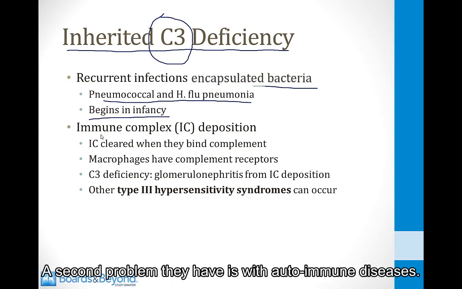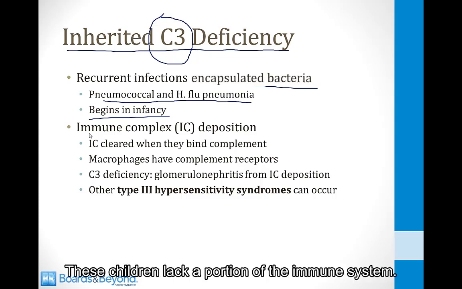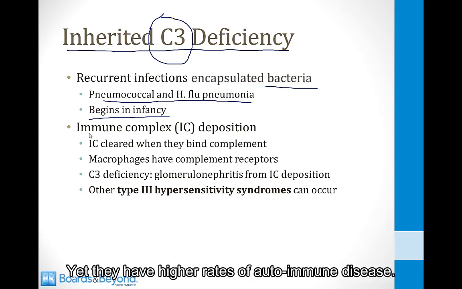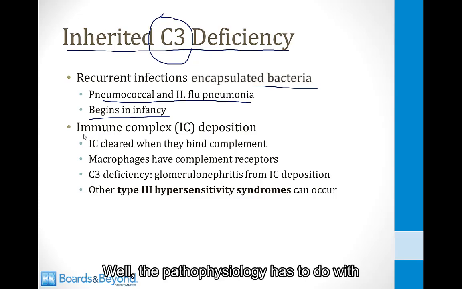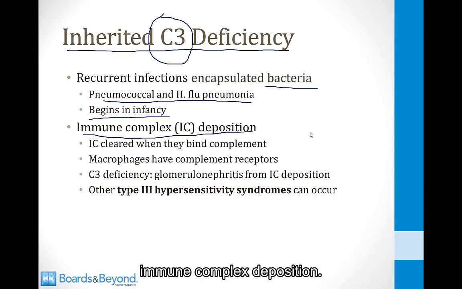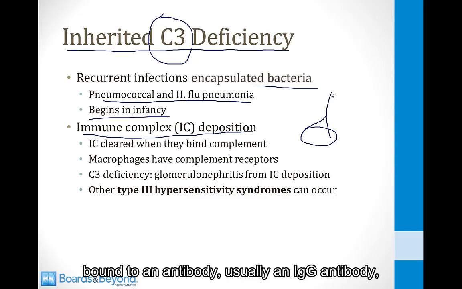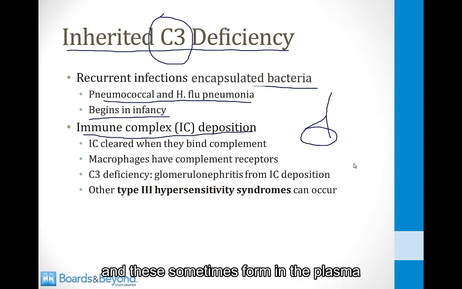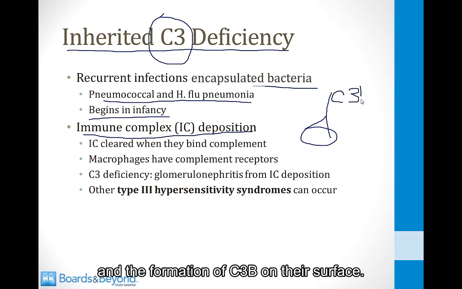A second problem they have is with autoimmune diseases, and this sounds counterintuitive. These children lack a portion of the immune system, yet they have higher rates of autoimmune disease. How can this be the case? Well, the pathophysiology has to do with immune complex deposition. So recall that immune complexes are antigens bound to an antibody, usually an IgG antibody, and these sometimes form in the plasma and they can deposit in tissue. A major way that they are cleared is by complement activation and the formation of C3b on their surface.